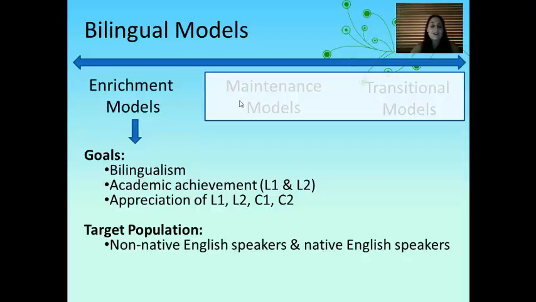Okay, and so you can see that this model is called an enrichment model because both populations are still learning either English or Spanish, and so both groups come in monolingual and are enriched to become bilingual at the end of the program.